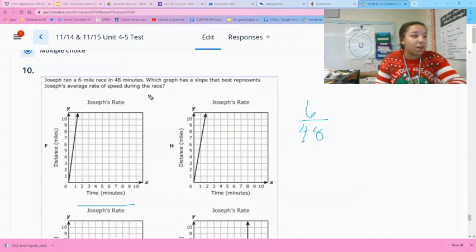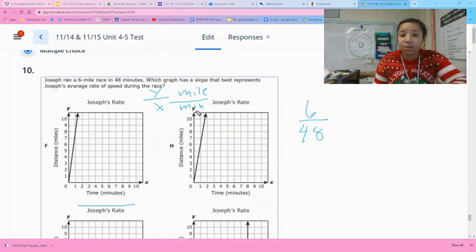Because 6 miles is going to be our y value, and x is going to be the minute value. So miles is y. Miles is always going to be dependent, and x is always going to be independent. So anytime you see time, it's going to be your x value, and that's going to go on the bottom.